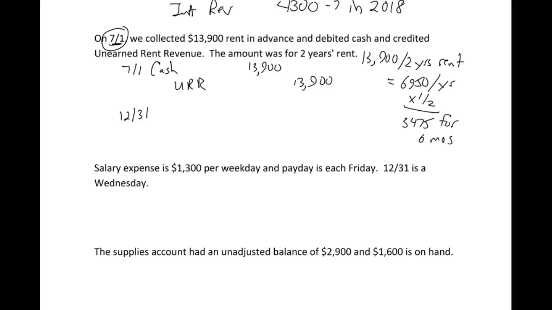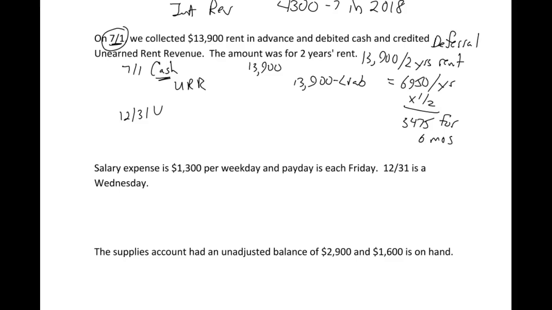So my journal entry. I probably should have started with this: this is a deferral. Remember, with a deferral, cash comes first, which it did, and then the revenue or the expense comes later. Now, remember, this account right here, unearned rent revenue, is a liability. It's not earned yet. It earns as time passes and we fulfill our obligation to whatever is being rented.